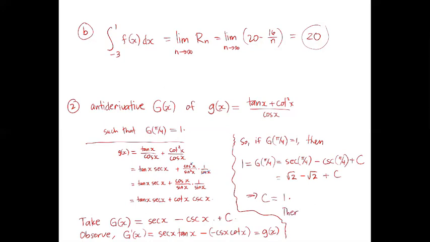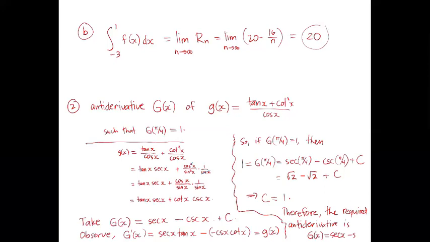Therefore, the required antiderivative is G of x equals secant of x minus cosecant of x.